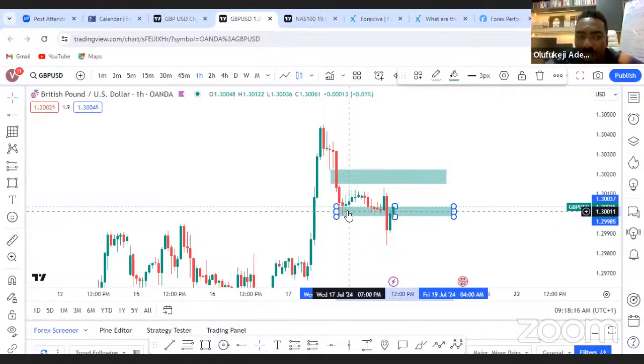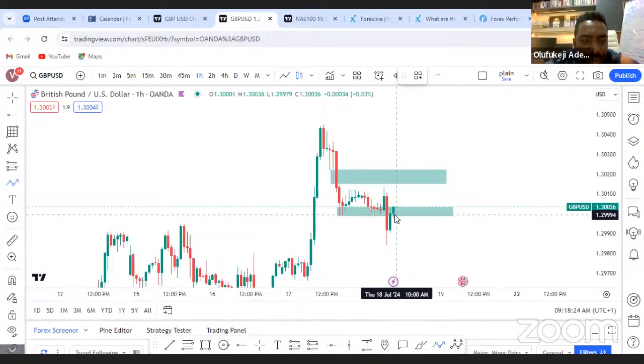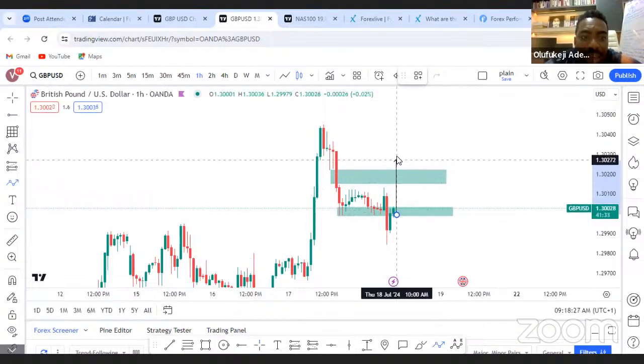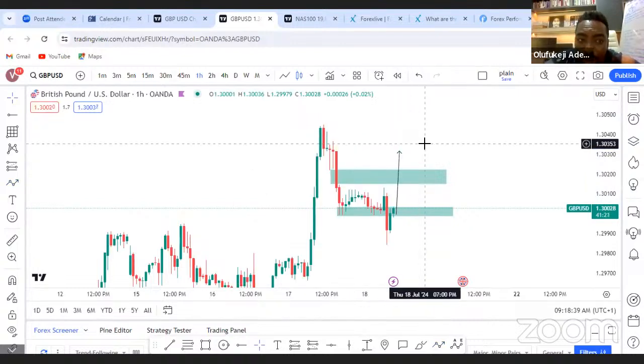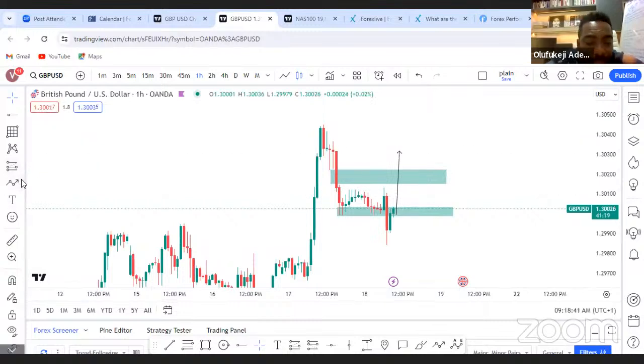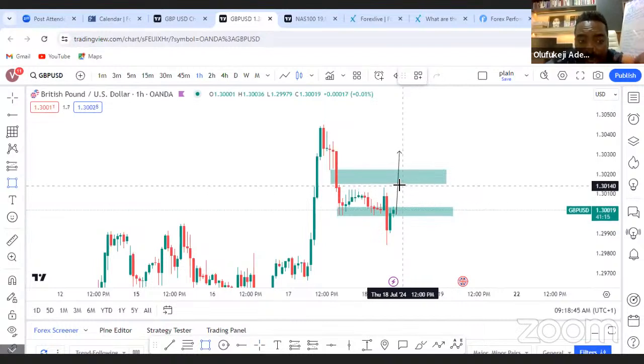What will I want to see? I want to see a break of structure that closes above that fair value gap. So it will now be a green fair value gap that closes above that rectangle, preferably grabbing that buy liquidity.